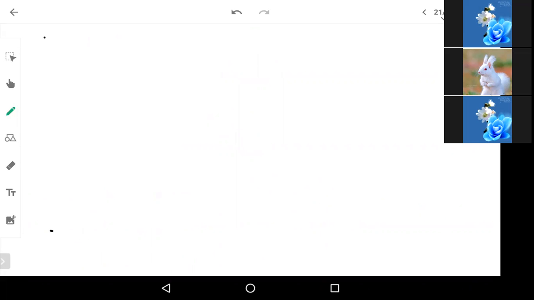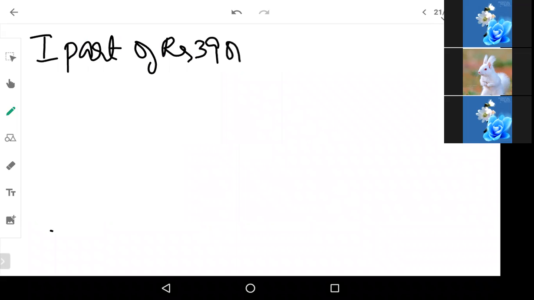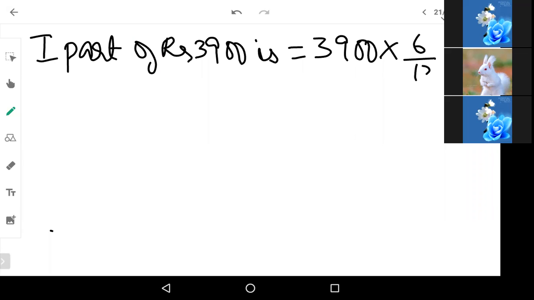So the first part of rupees 3,900 is 3,900 into, what is the ratio? 6 by 13. So can you tell me how much is the amount you get?